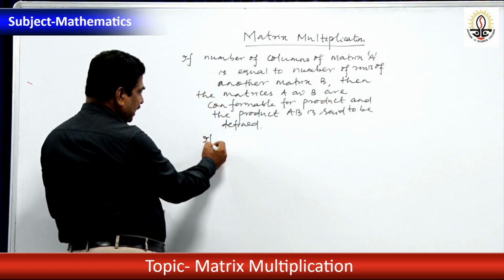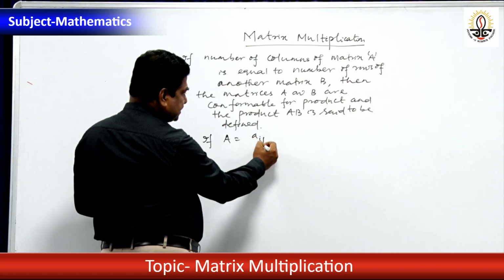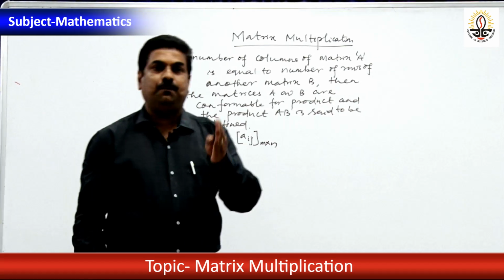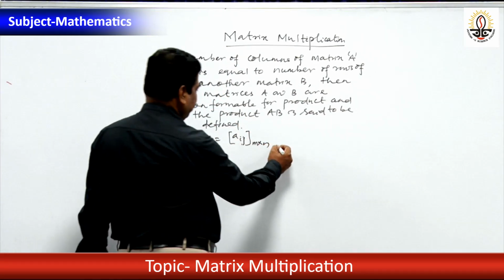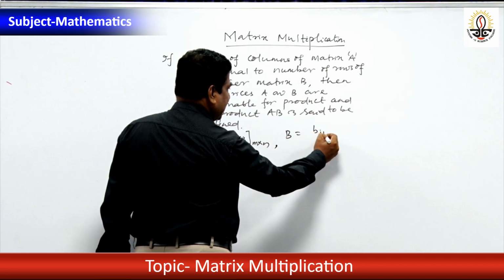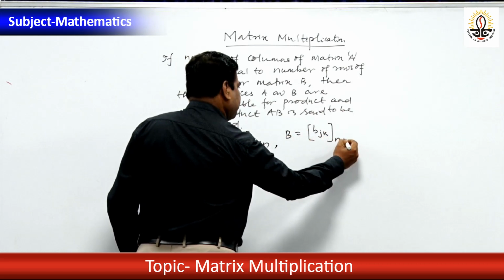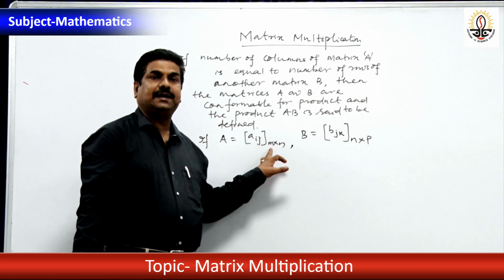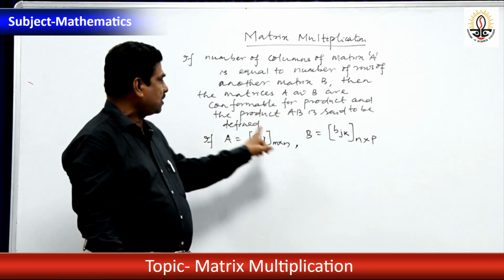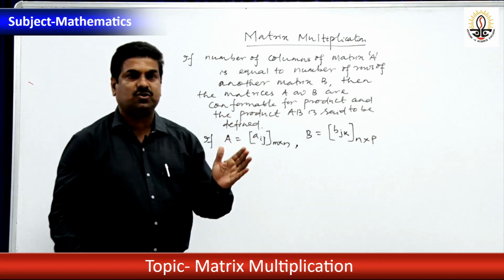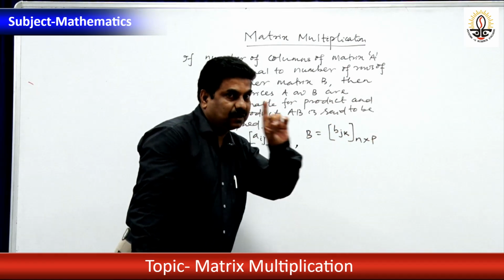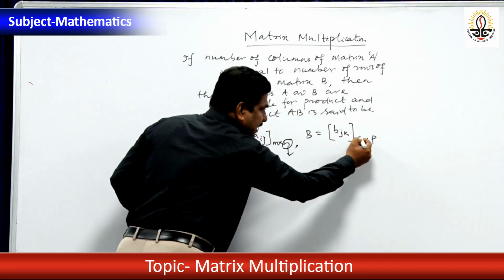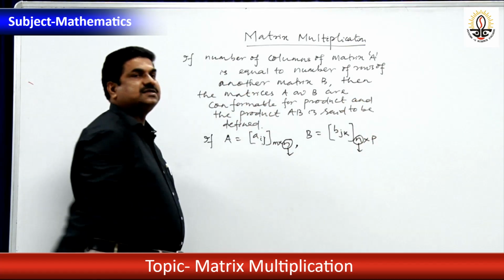If A = Aij is of order m by n and the matrix B = Bjk is of order n by p, here you see the number of columns of the first matrix is equal to the number of rows of the second matrix.